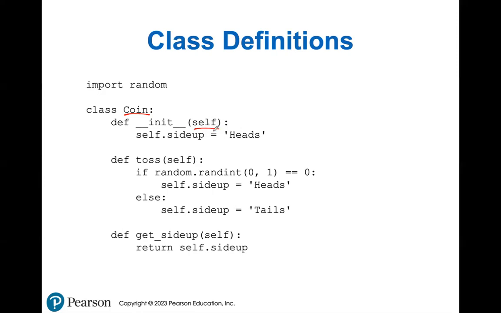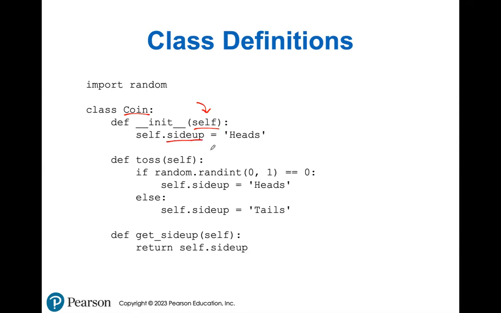So whenever you're going to be creating your objects, instead of self, you're going to be sending the object's name. Since this is the class, you will be creating some number of objects from this class. And in this constructor, you will send the object that needs to be created.